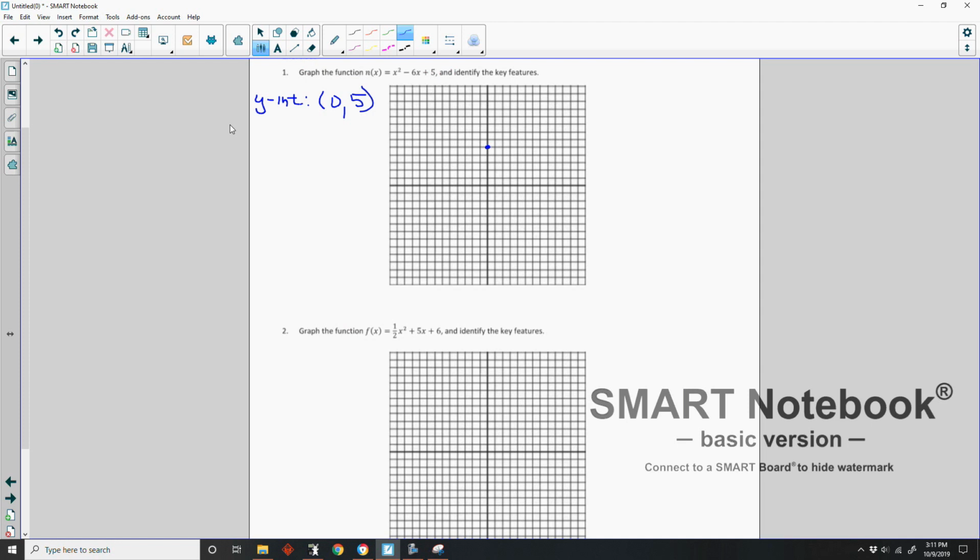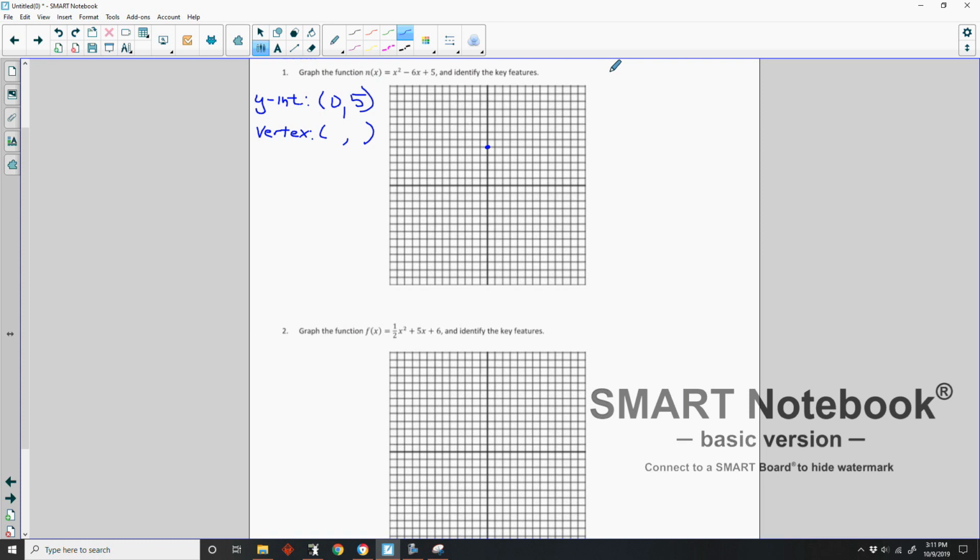Next thing we can do is find the vertex. The vertex is either going to be from vertex form or using negative b over 2a. Since this is in standard form, I will just do negative b over 2a. A, in this case, is 1.